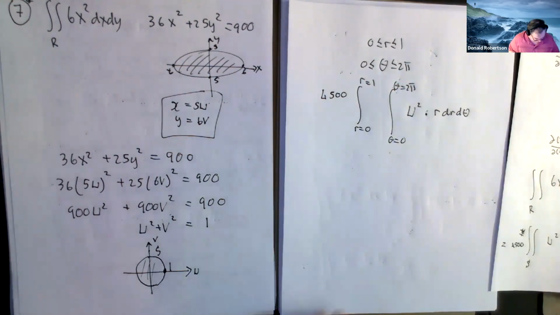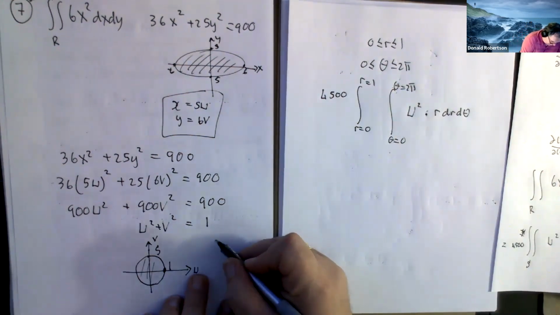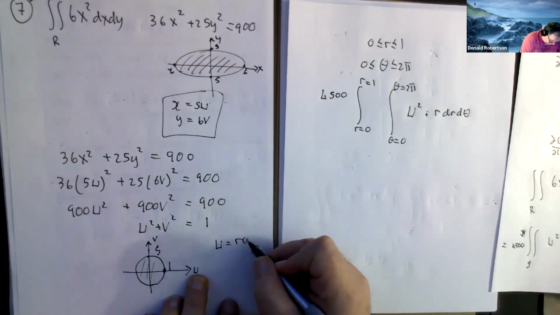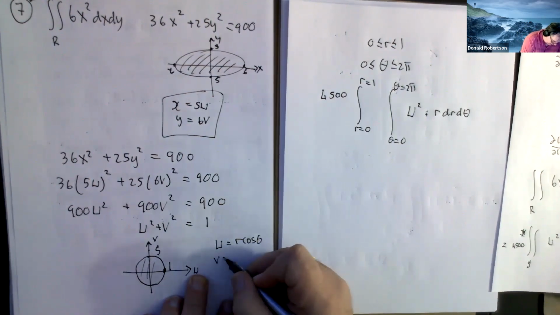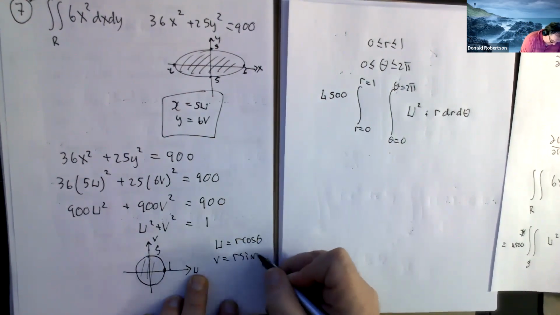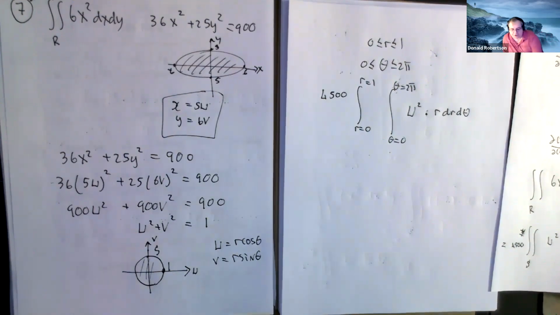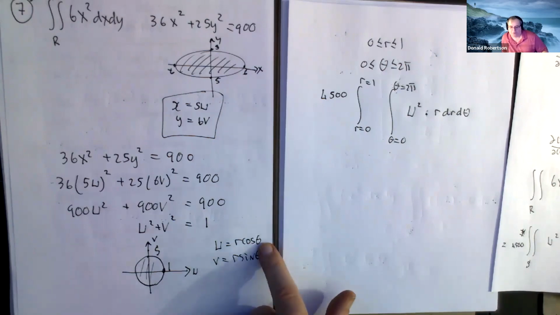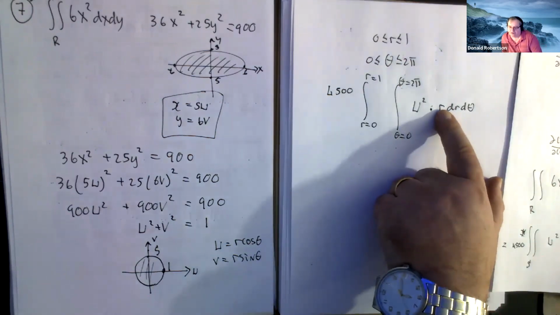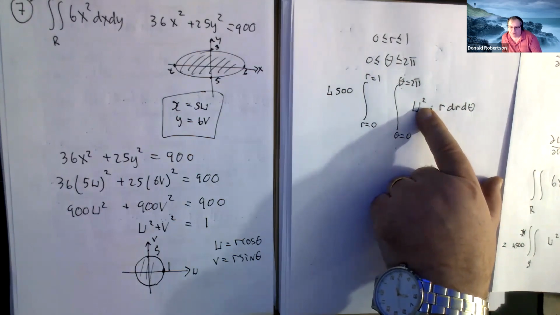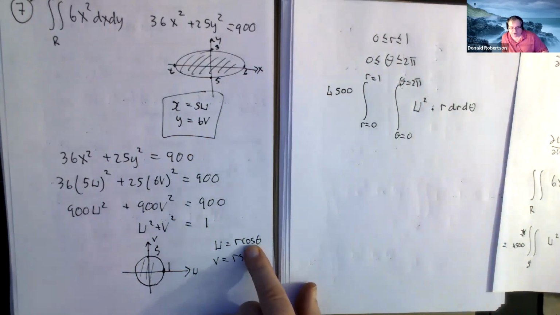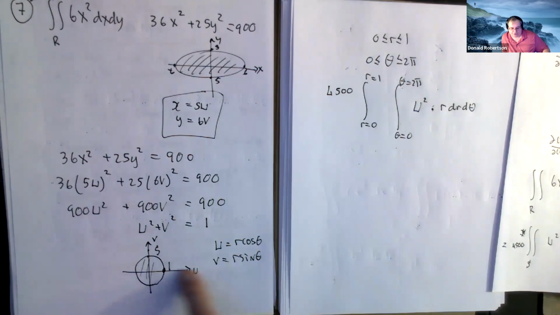And u, well, in polar, isn't u just like the x, so it's r cos theta. And v would be r sine theta. So technically, I guess I'm doing a second change in variable, but I'm kind of cutting corners because it's a polar one, we already know it. So can you see there's the Jacobian? All I need to do is turn that into r cos theta. And I'm doing that because u is the x's and v is like the y's.